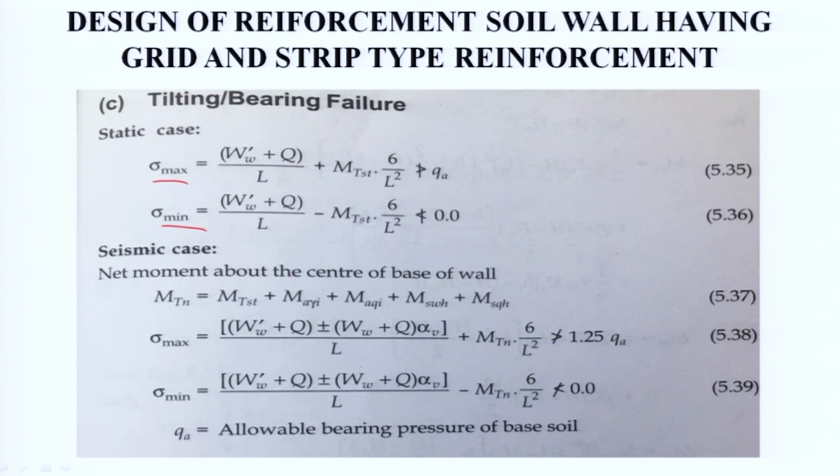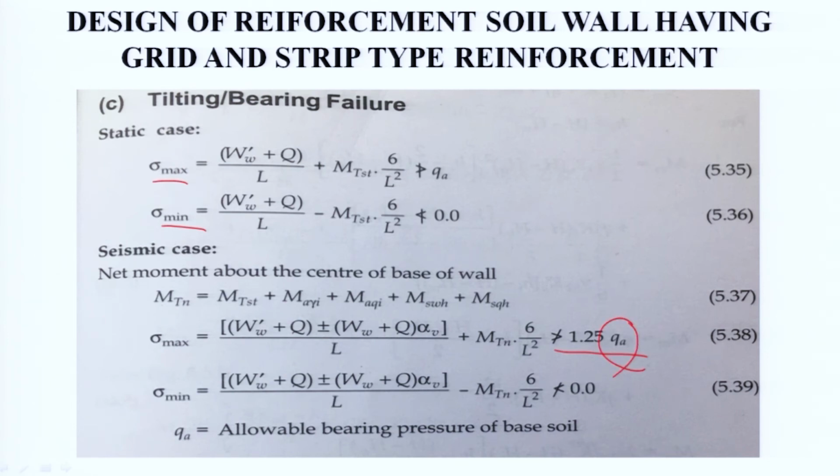In the seismic case, the net moment about the center of the base of the wall, that is MTN, will be equal to MTST plus MAγI plus MAQI plus MSWH plus MSQH. So here sigma maximum again should be less than 1.25 QA.